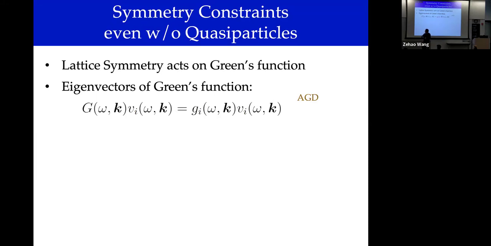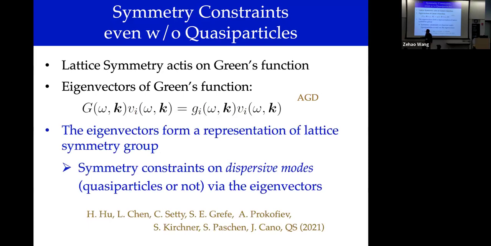Green's function is a matrix that is defined in both the spatial dependence and imaginary time dependence and other internal space. So the statement is that just like Bloch functions form a representation of the lattice symmetry, the Green's function eigenvectors form a representation of the lattice symmetry group.